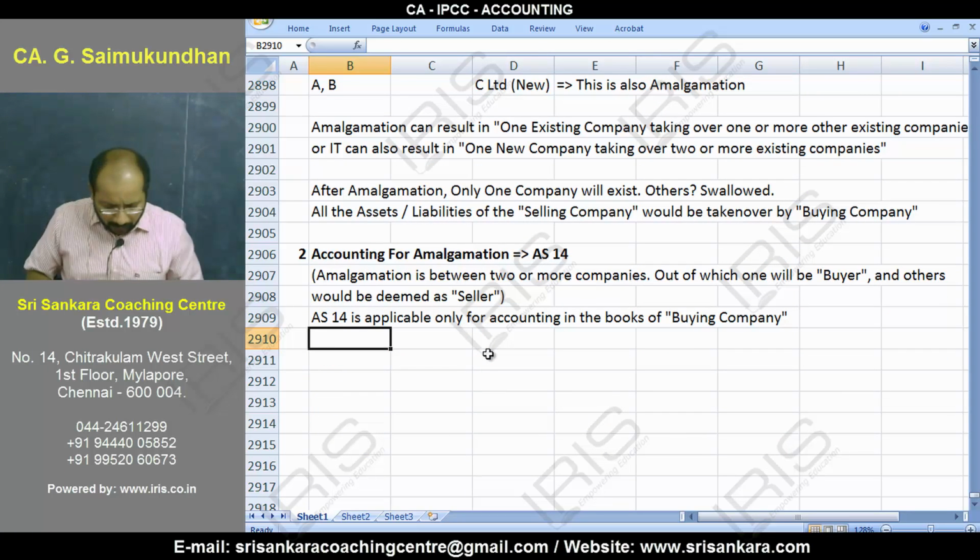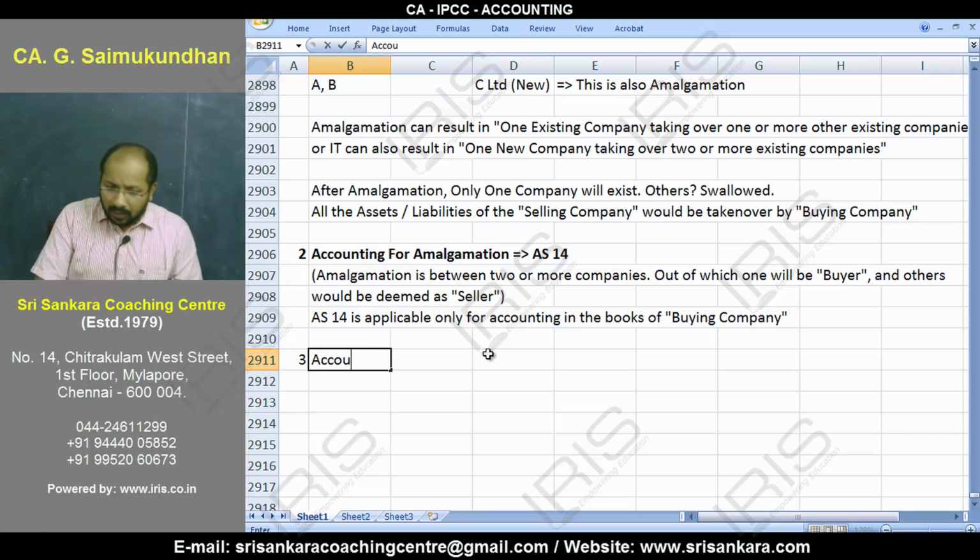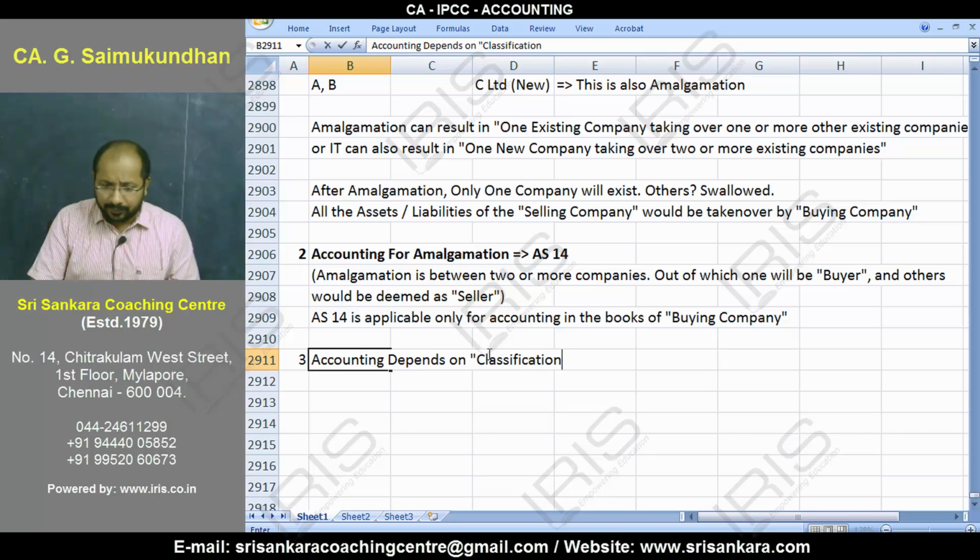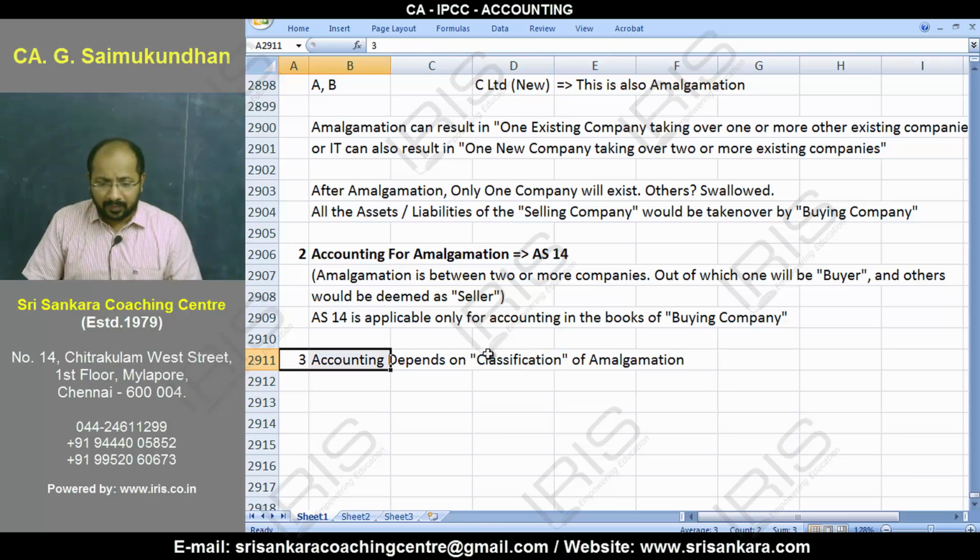We'll straight away hit this particular point. Once you start looking at AS 14, you will realize that accounting depends on the classification of amalgamation.